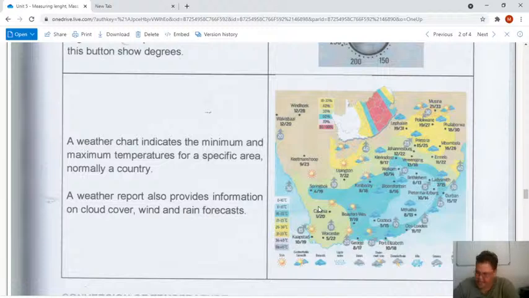Yes, it is sunny in Upington. Okay, we're waiting for Lucas for the maximum temperature of Ladysmith. Anybody else can give me the answer as well. Yes, Lucas, it is 15 degrees Celsius.